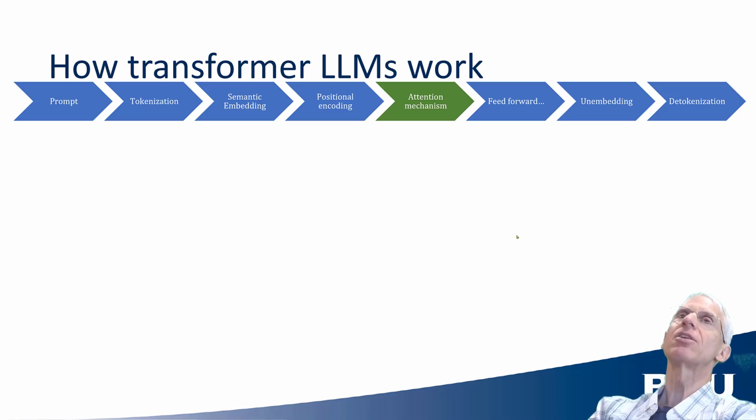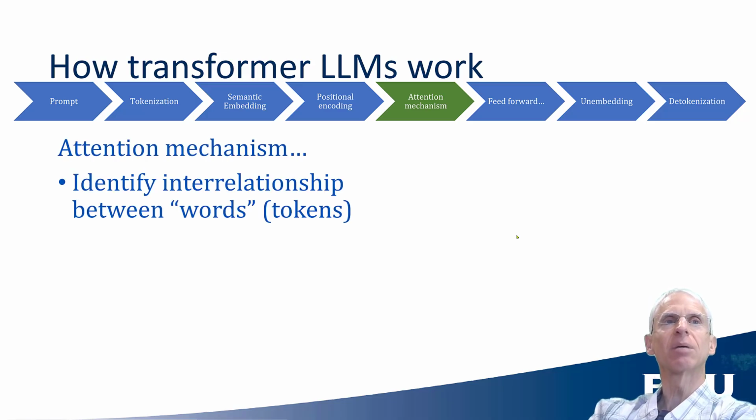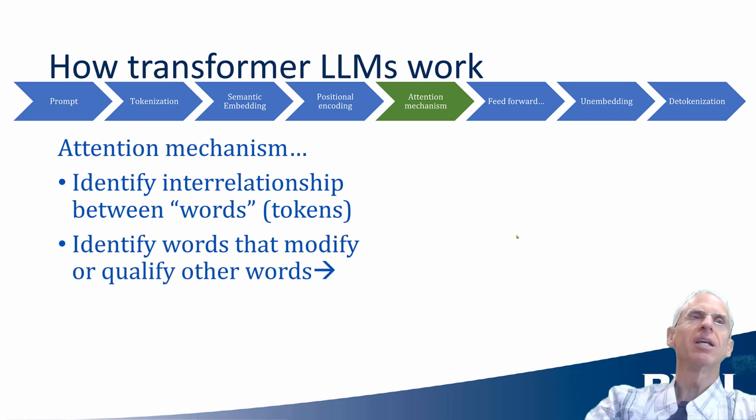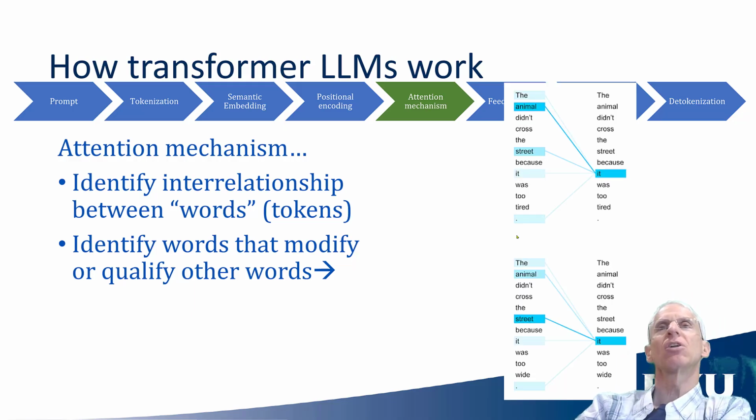Then, believe it or not, there's more. The positionally encoded embeddings go into an attention mechanism that identifies interrelationships between words, identifies which words relate to other words, identifies words that modify other words. Here's an example. The animal didn't cross the street because it was too tired. Okay, what is it?